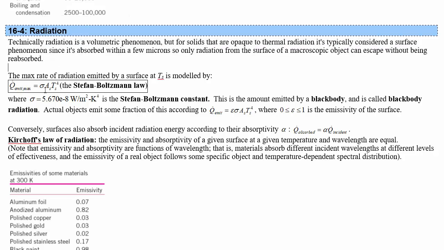Anyway, the Stefan-Boltzmann law is the main source of information for this. It tells you that for a black body, the total rate of emitted energy is equal to sigma, the Stefan-Boltzmann constant, multiplied by the surface area of the body, multiplied by its absolute temperature to the power of 4.